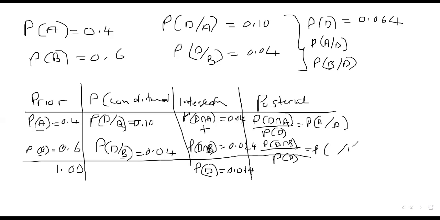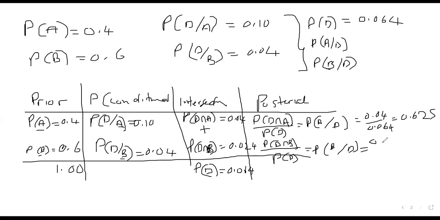Probability of D. So on top, it's obviously the other letter, B. So in this case, we're going to have 0.04 divided by 0.064. What do we get? 0.625.